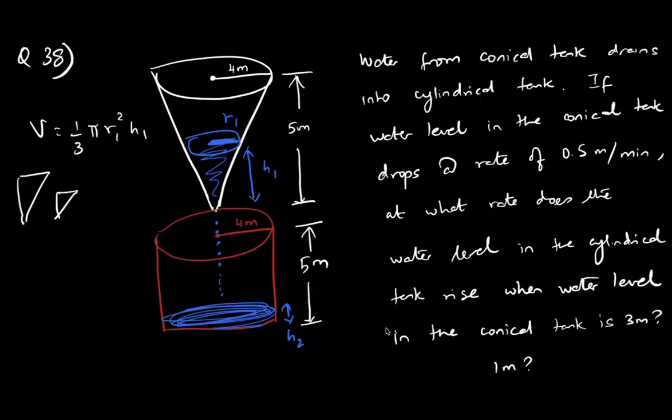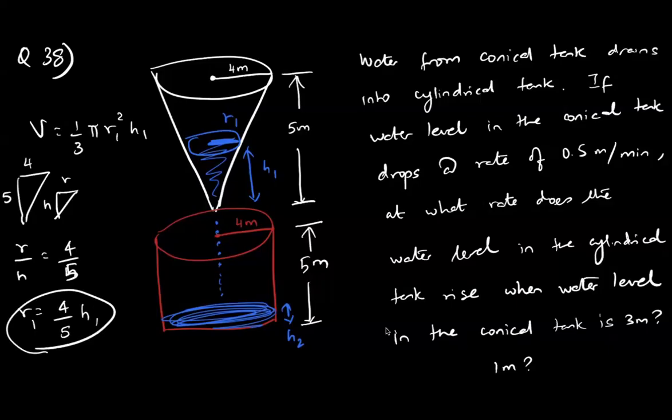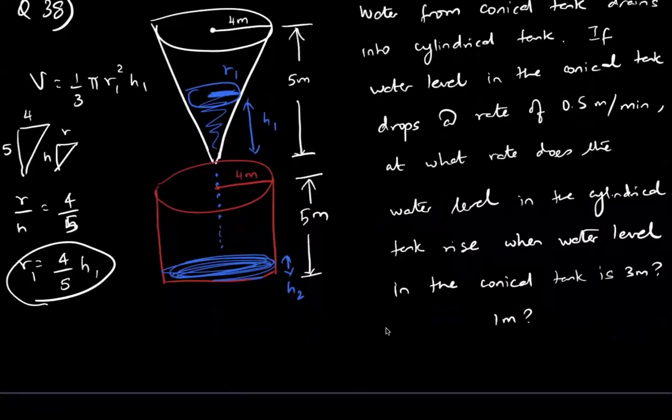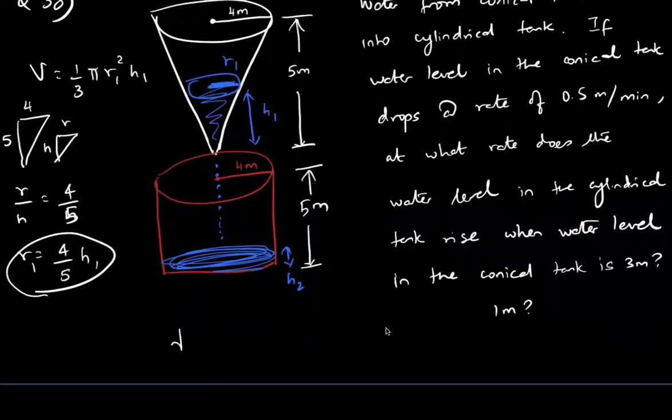If this is 4 and 5, and this is R and H, then R over H is 4 over 5, so R is 4/5 H. This is the relationship between R and H for the conical tank.